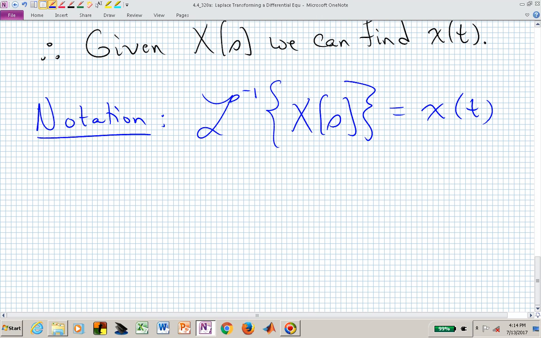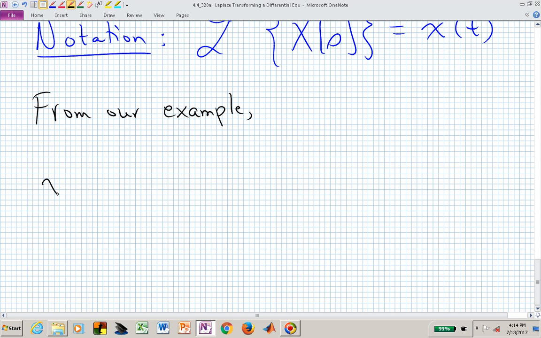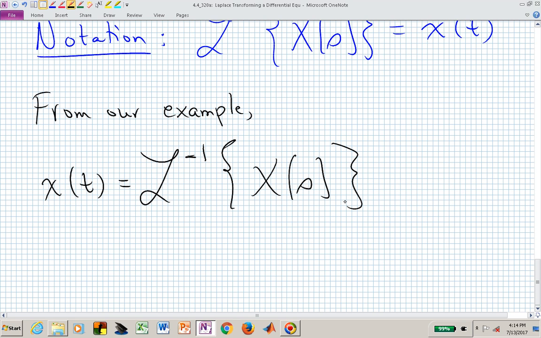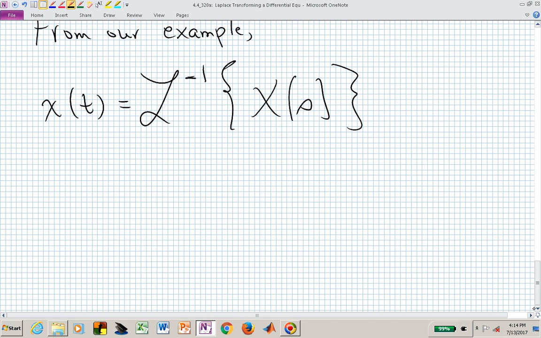And if we now apply that to our example, what we will see is we now have x of t, which is the inverse Laplace transform of capital X of S. And capital X of S actually had two terms. So let's just do those two terms separately.